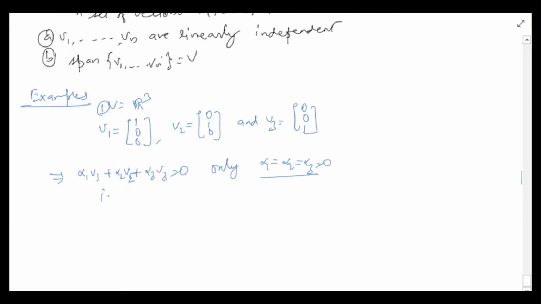This means that v1, v2, v3 are linearly independent.